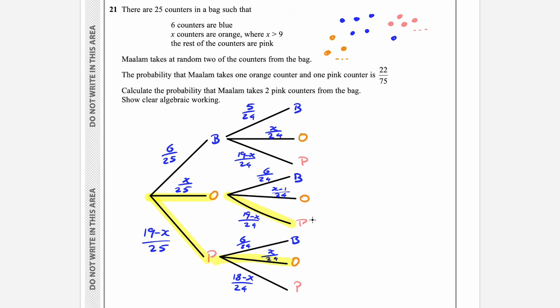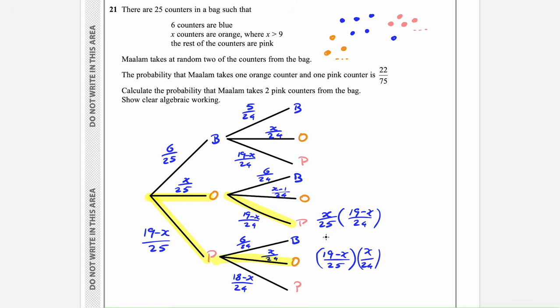This guy is here. This is x over 25 times 19 minus x over 24. And this guy is 19 minus x over 25 times x over 24. So I'm just multiplying along the branch, this times this.